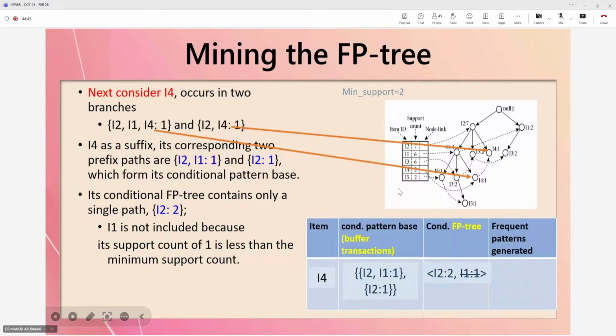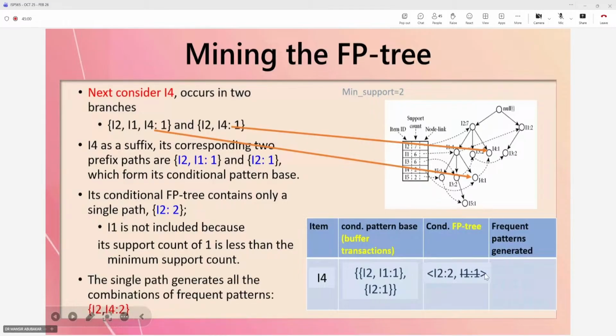So this is why it appears like this. To start with I2, we have 1 support count. I2 to I4, we have another support count, which is 2. So I1 is dropped because it has less than the minimum support. Then the final frequent pattern generated is I2, I4, where we have 2 support count.